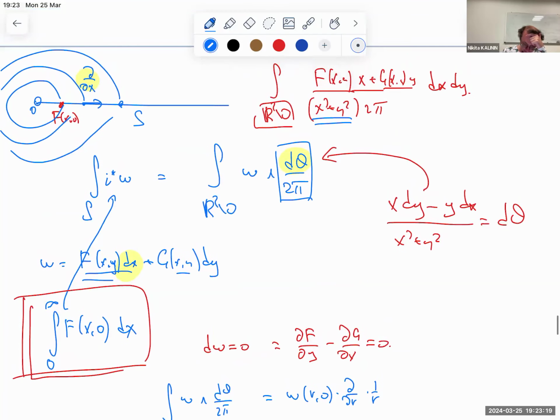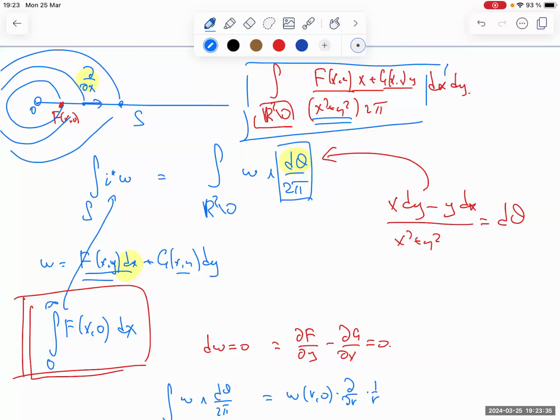Or we need to explicitly find this integral above. So whatever you prefer. How to find the integral over a circle? Use polar coordinates, no? Yeah.